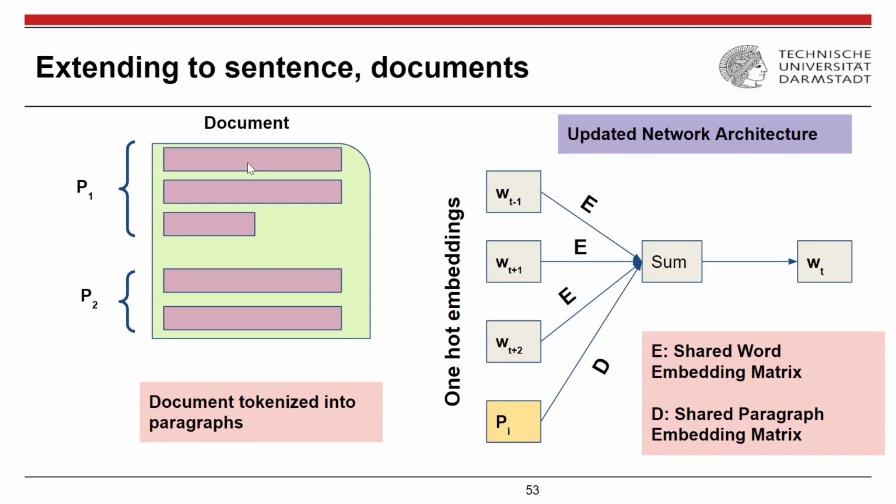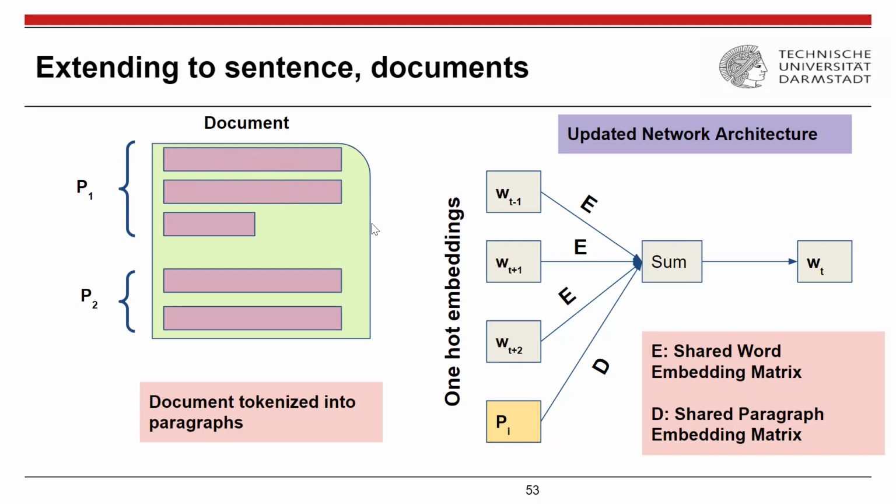They will have a target word, remove it, take some context words surrounding that target word, and use those context words as well as the paragraph one-hot encoding to predict the missing target word. So they have a separate encoding for the paragraph and a shared encoding for the words, and then use it to predict the missing word.